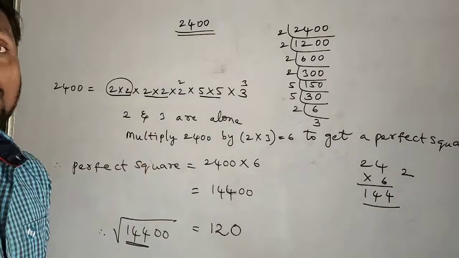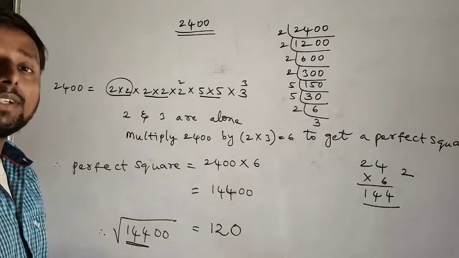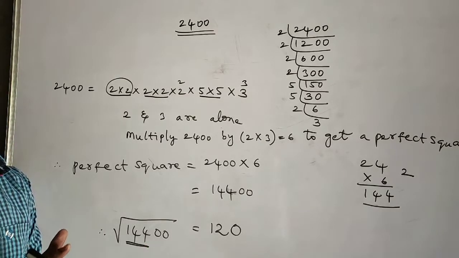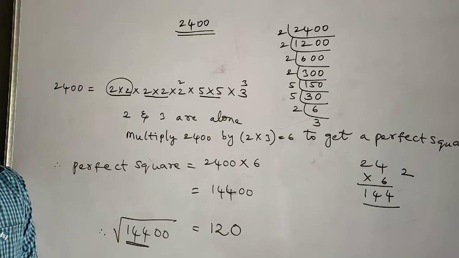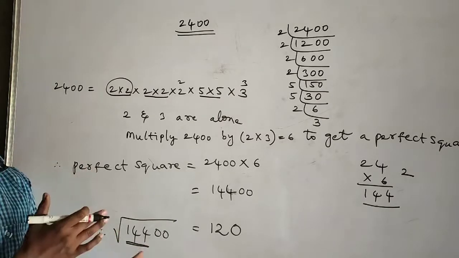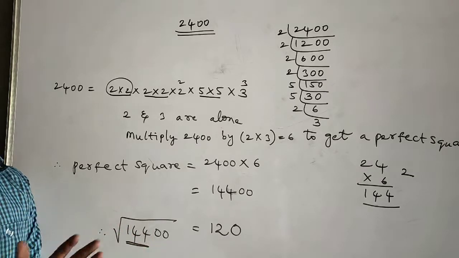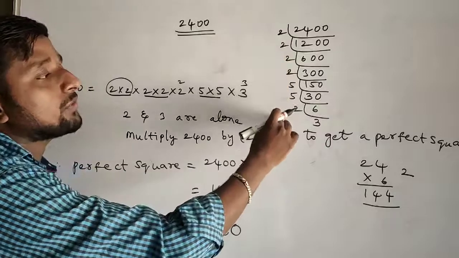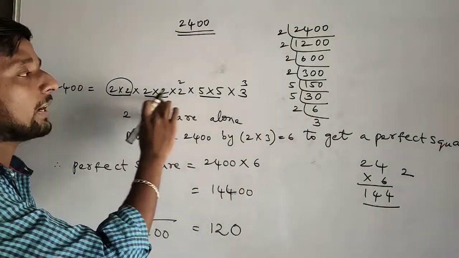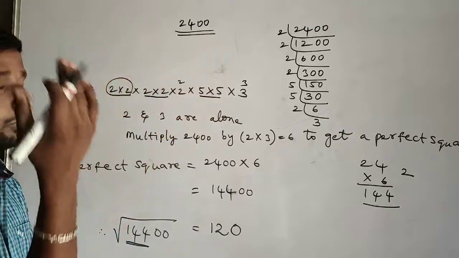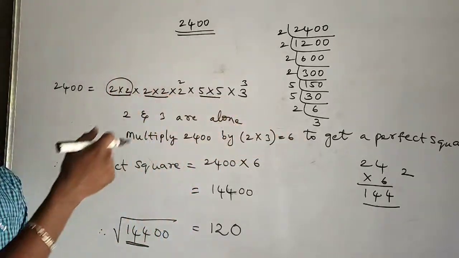What's the actual problem? 2400 is a number. He has made it clear that 2400 is not a perfect square. But now he's asking us, by multiplying with a certain number, to make 2400 a perfect square. So I made a prime factorization for 2400 and wrote all the prime factors.